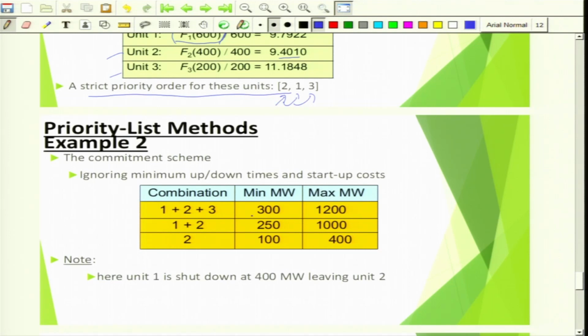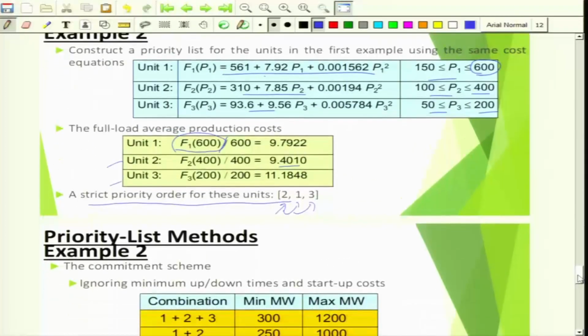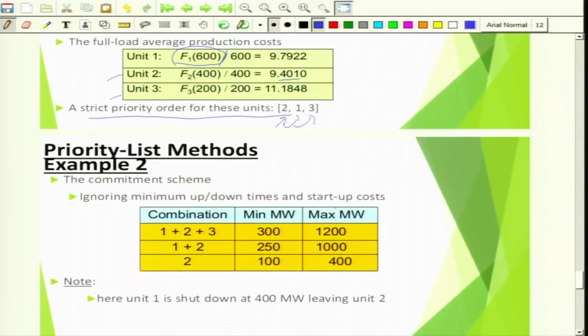Among all the combinations, what is the minimum megawatt of generation? 150 plus 100 plus 50, that means 300, maximum is 1200. Similarly if units 1 and 2 are there, minimum is 250, maximum is 1000. If unit 2 is there, minimum is 100, maximum is 400.